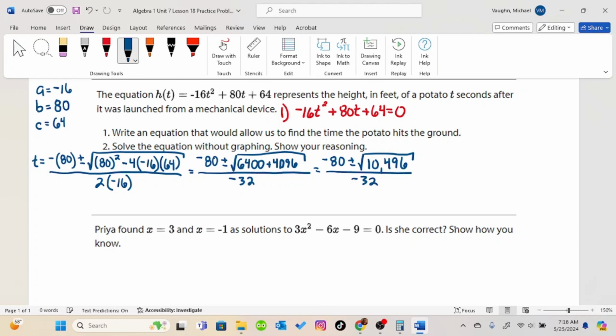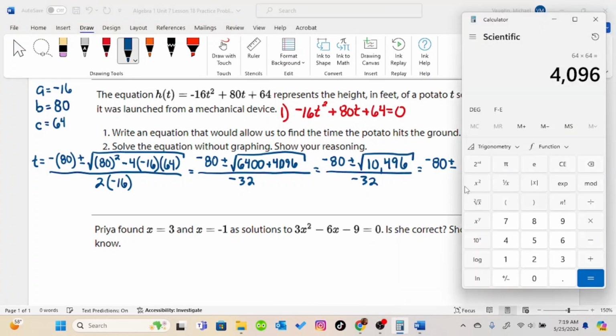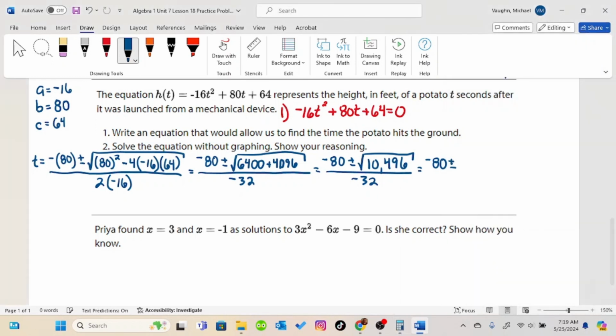So now we can go ahead and take the square root of 10,496, which is 102.45.